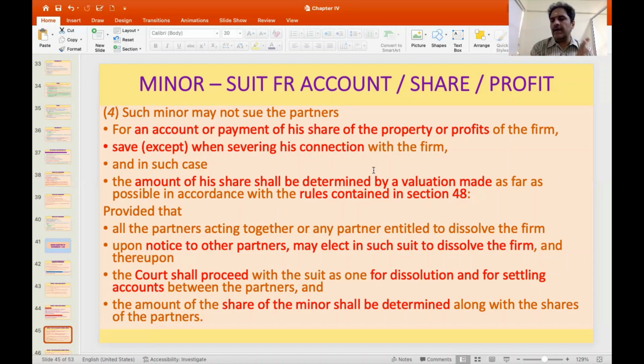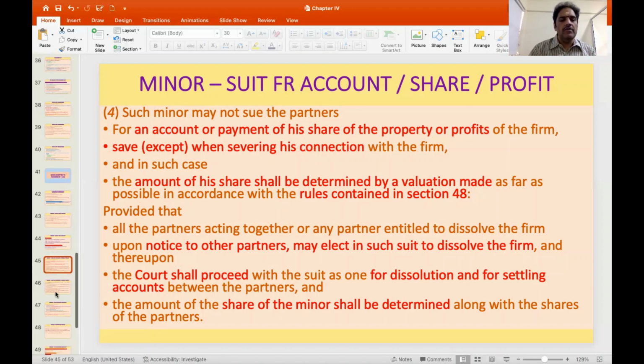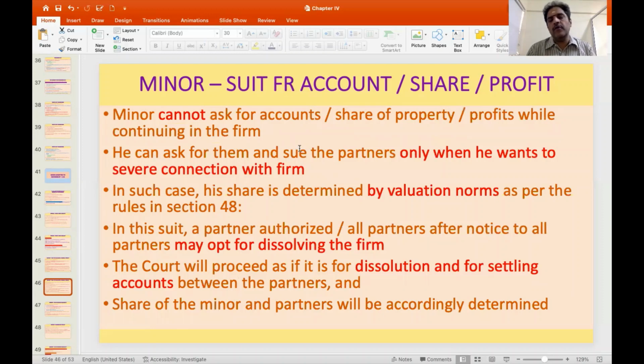And just like in this resolution where the minor's share is determined, all the shares of the partners are also determined and distributed.